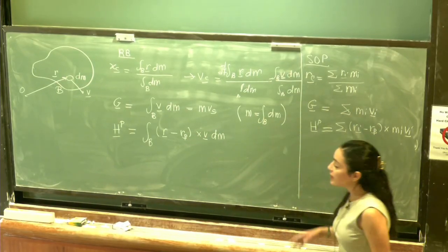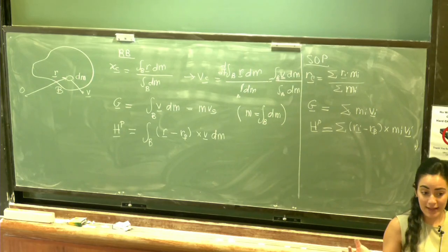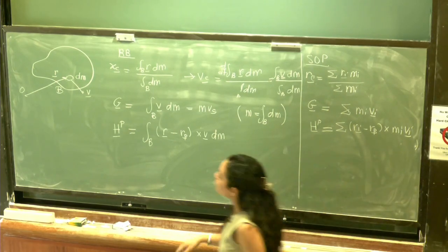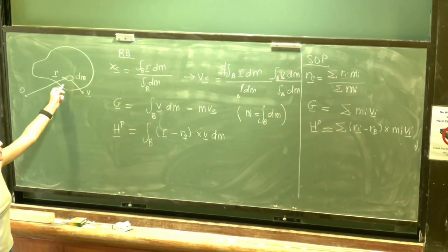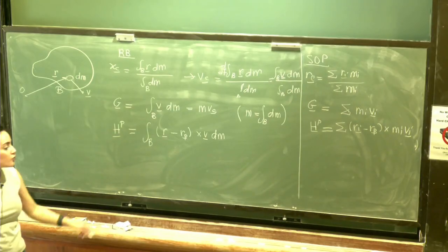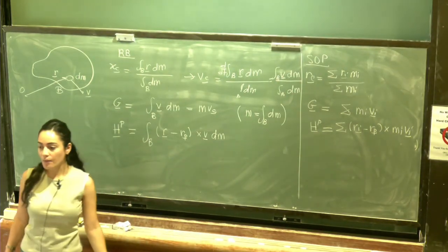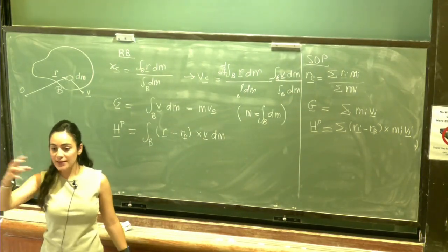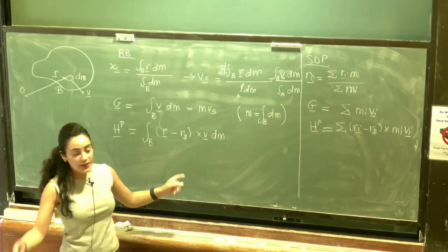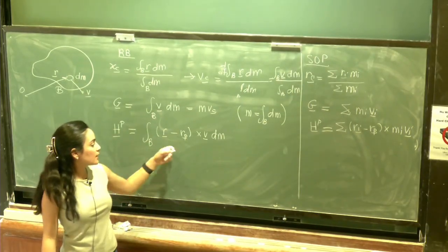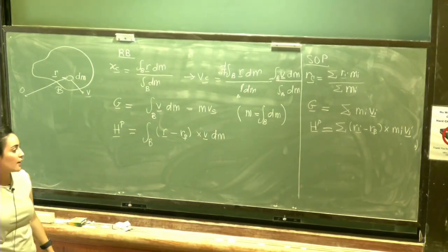Again, I have a differential mass dm. Its position vector is R, its velocity vector is V. So R and V depend on dm, and I'm summing for all possible dm's in the body. For the set of all dm's in the body, I'm summing this R minus RP cross V dm.